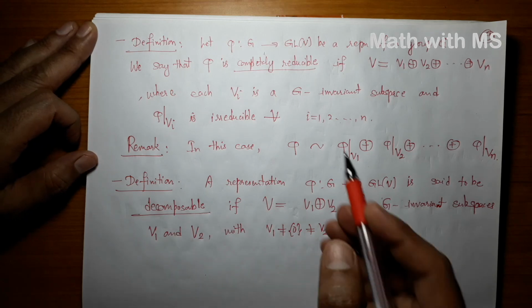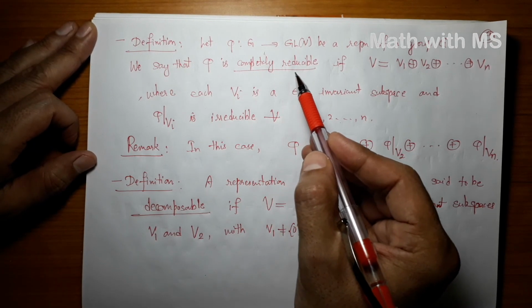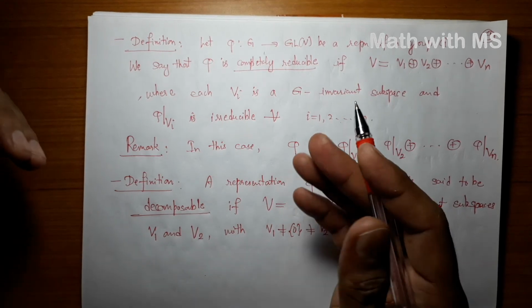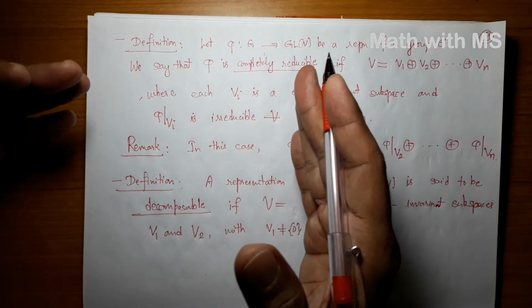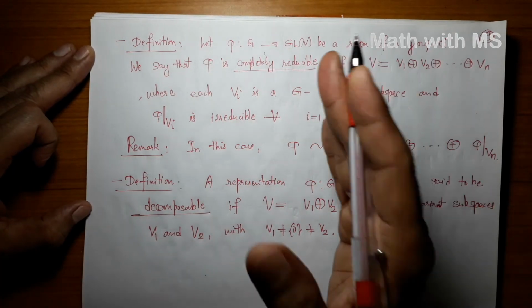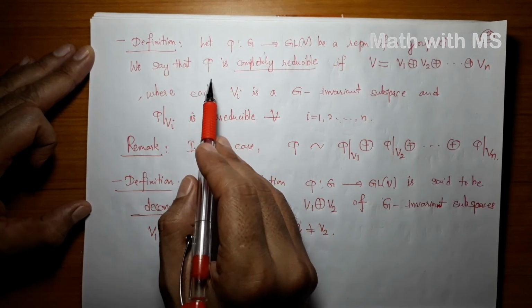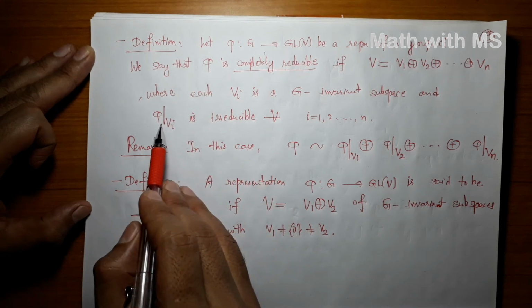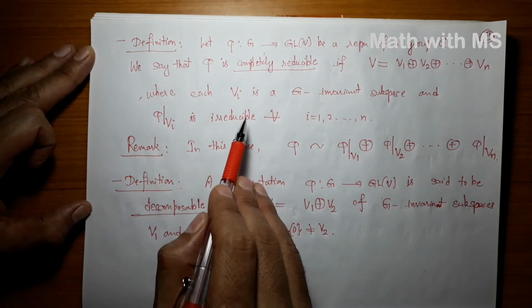So what is a completely reducible representation? It's saying that I can decompose my vector space as a direct sum of certain G-invariant subspaces such that each of the sub-representations obtained by restricting your representation to these invariant subspaces is irreducible.